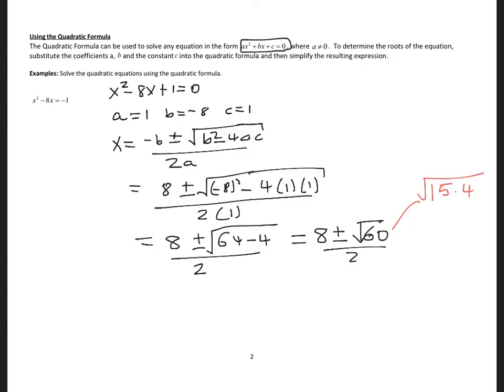So this is going to be 8 plus or minus the square root of 4, which is 2, so 2 square root of 15 divided by 2. And see, we can divide everything by 2 to get 4 plus or minus the square root of 15 as the final answer.